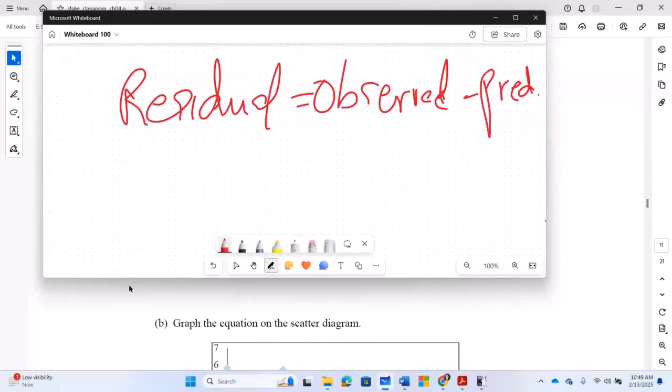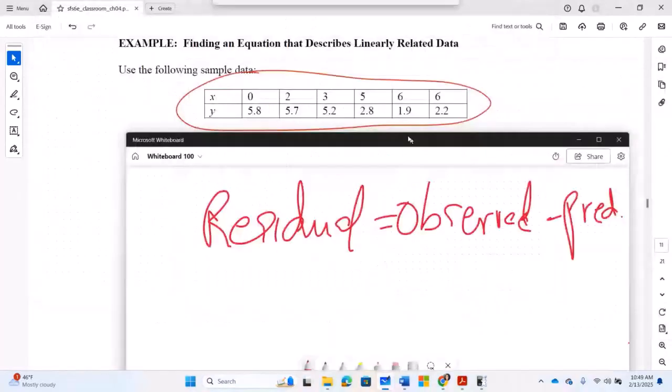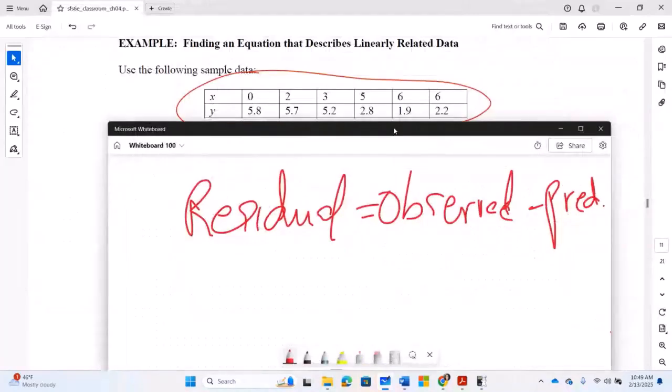Let me go to, so for 2, the observed is 5.7. For 2, the actual y value is 5.7 minus predicted. How do I get the predicted?